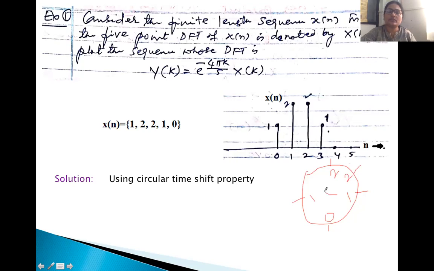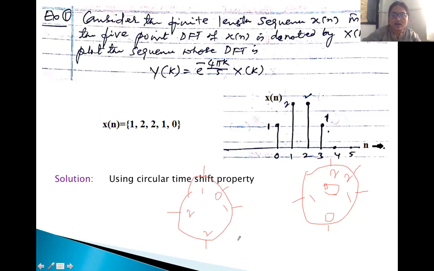Now this sequence is shifted by 2 units in the anti-clockwise manner. If I'm shifting this sequence by 2 units, I will be getting a new sequence. So this one will appear at this position. So this is 1 at this point, 2, 2, 1 and here it is 0.